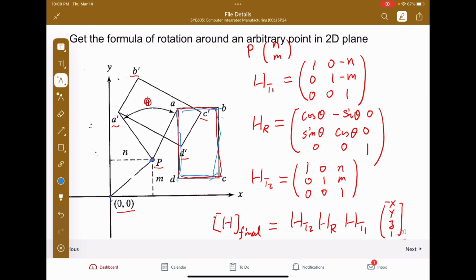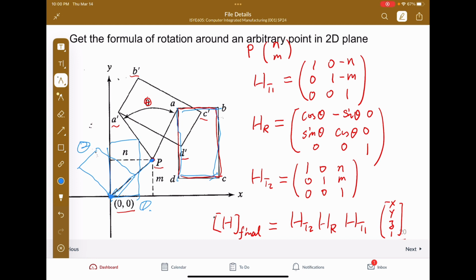So what we usually do is first we do one translation to move this P back to the origin, and we will get this, right? This is step 1. And in step 2, we use this as the center to rotate. This is step 2.